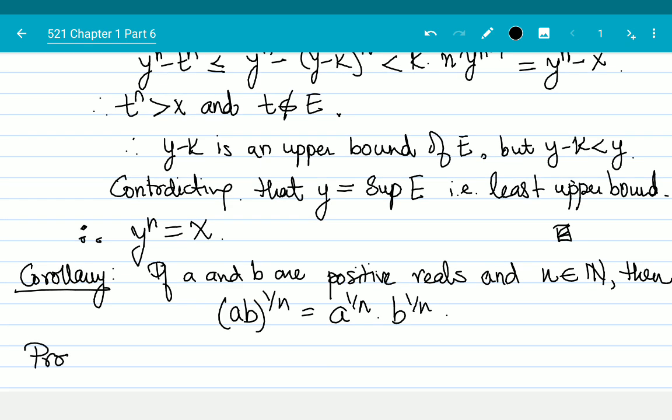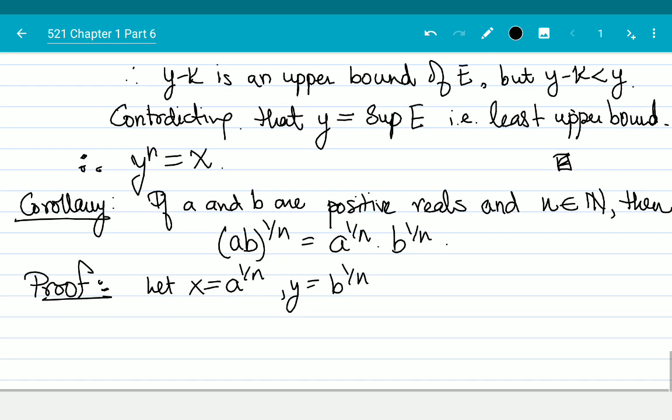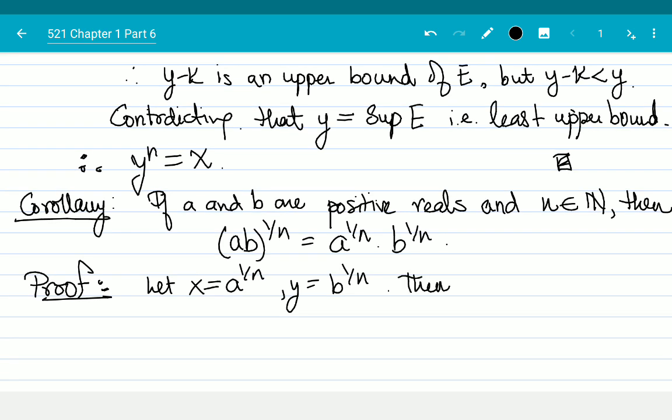The idea is going to be really simple. Commutativity works in the reals, right? And so let x be equal to a to the 1 over n, y equal to b to the 1 over n. Then ab is equal to x to the n times y to the n.